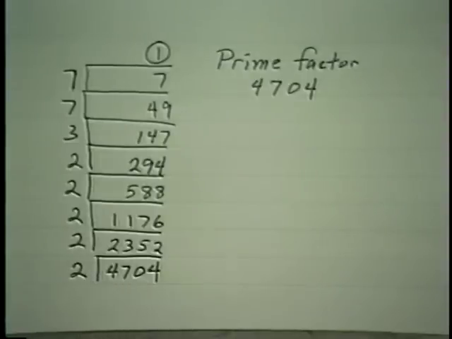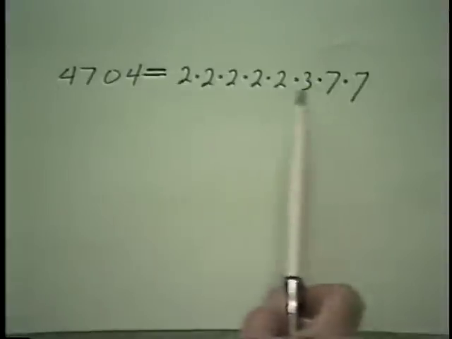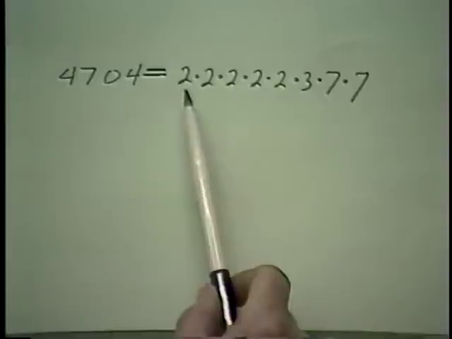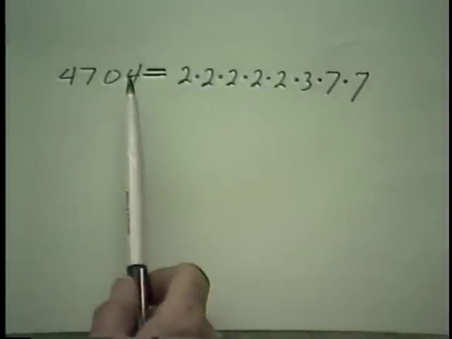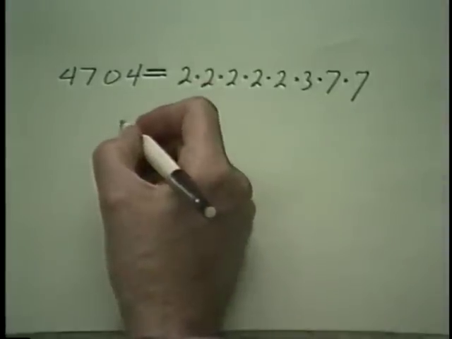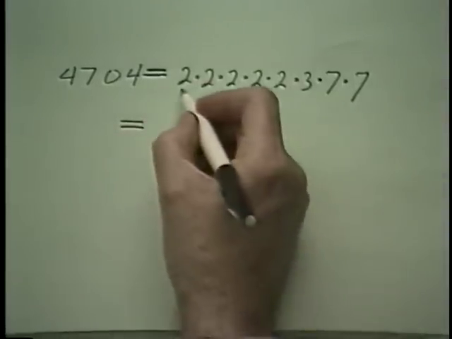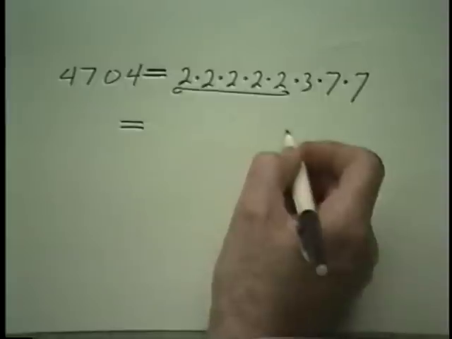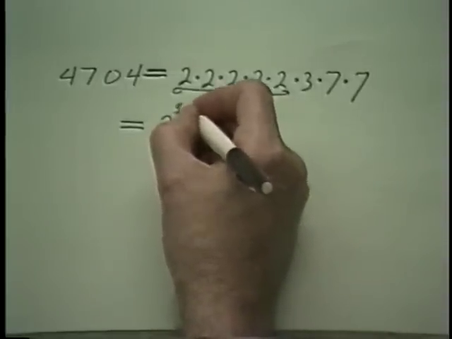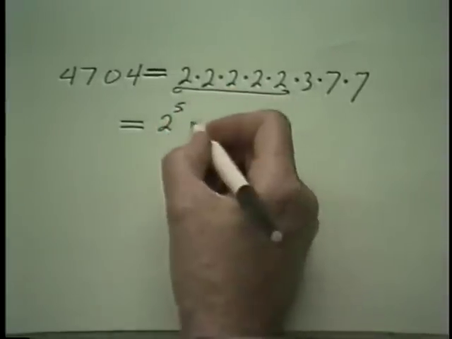Or we can state our results this way. You can see that's fairly involved, and if this were much larger, this could stretch out quite a ways. So it becomes very convenient if we simply write this in exponent form. I have 5 2's being multiplied, so 5 becomes the exponent of 2.